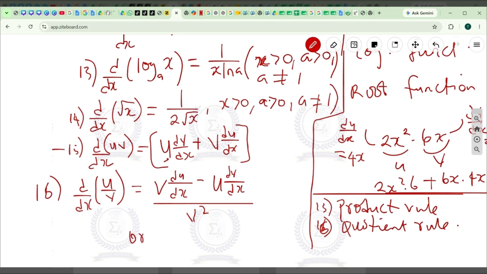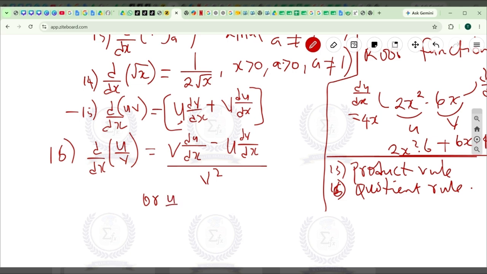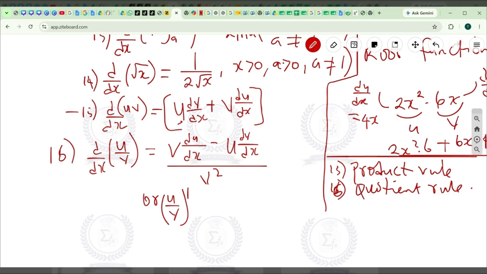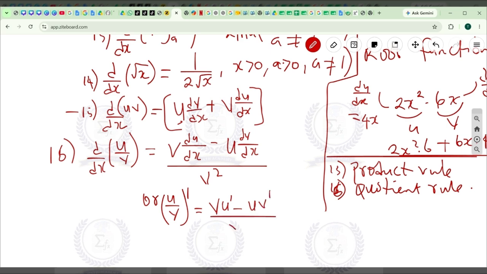Or we can rewrite this by saying, if you have u over v, differentiating it, first you have v, and then you differentiate u, minus u, and then you differentiate v, divided by v squared.